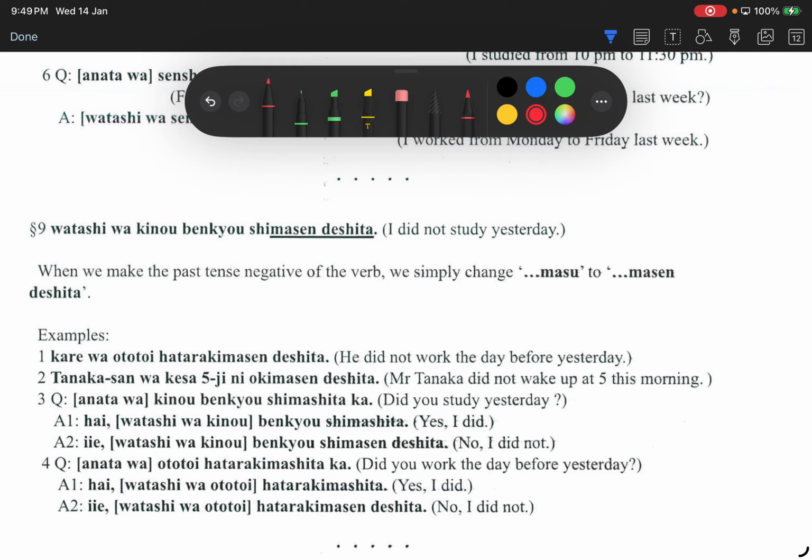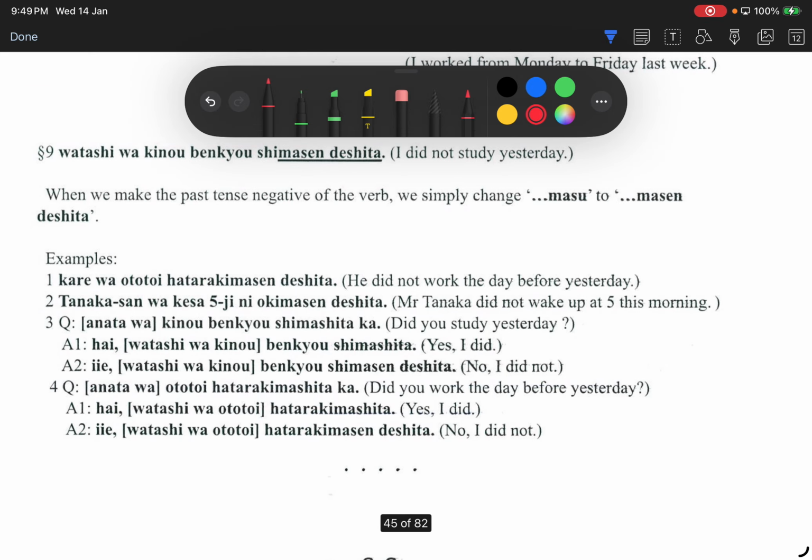But we don't say 働きませんです, because 働きません is already polite. We don't need to be double polite. However, for the past tense, because 働きません only means negative, we need something to tell the past tense. So that's why we have no choice but to put in でした.